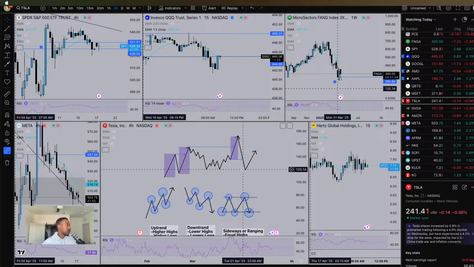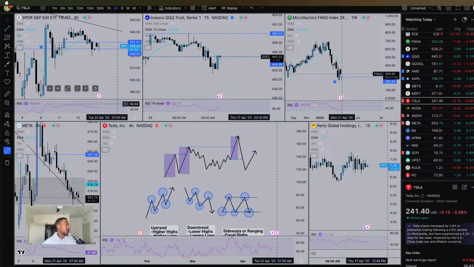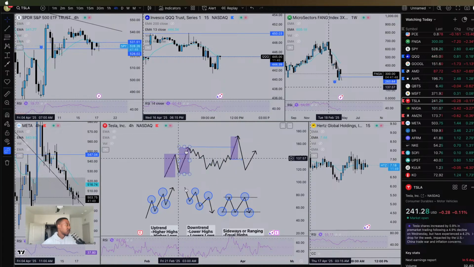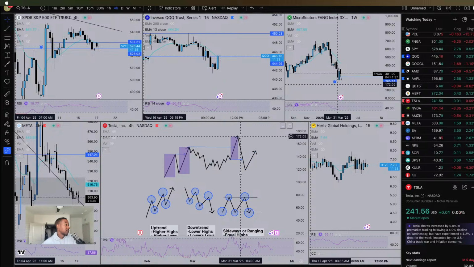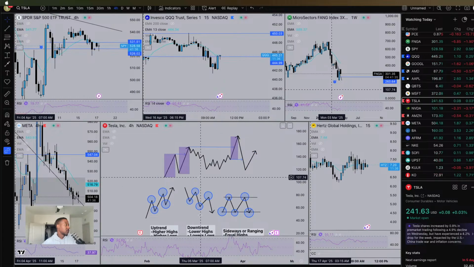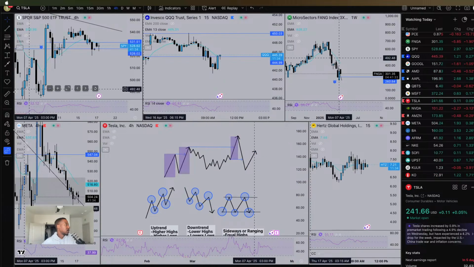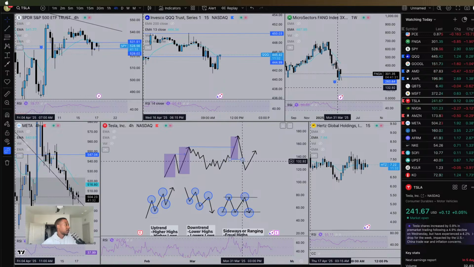Because we have this break of the range to the downside, the range is now bearish. We were in an uptrend, but then this was the range, and because this range was broken and it made a new low, we got a downtrend, lower lows and lower highs. Whenever this happened, we were officially in a downtrend.